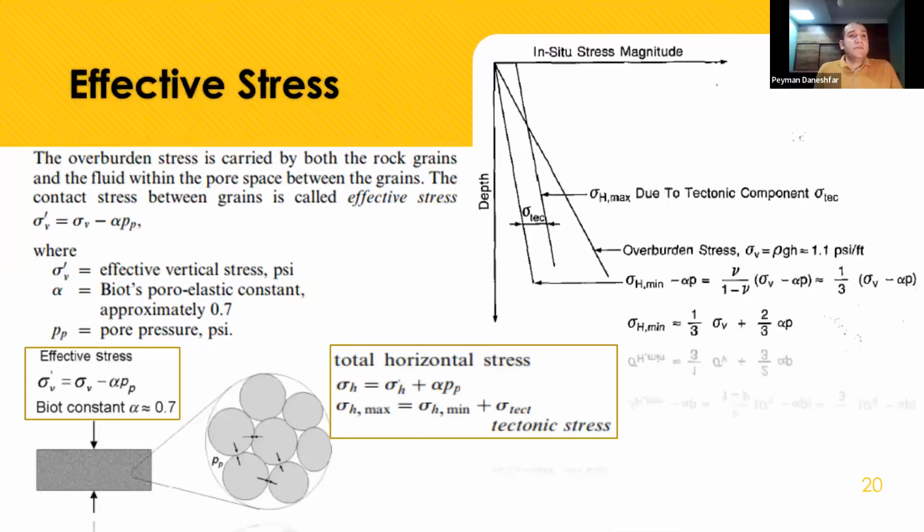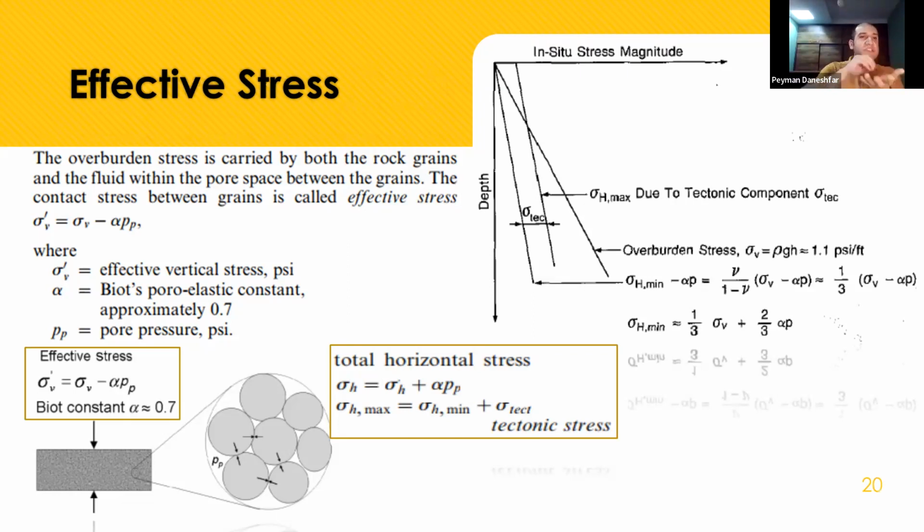It's an important parameter, or stresses, that all should know about. It's the effective stresses. What are the effective stresses? The overburden stresses or vertical stresses are carried by both the rock grains and the fluid within the pore spaces between the grains.